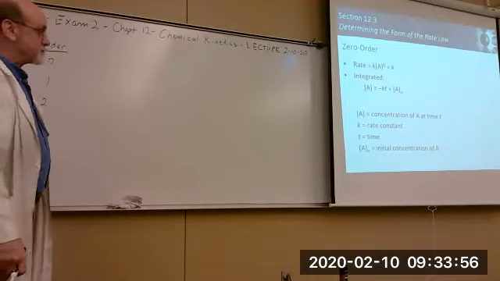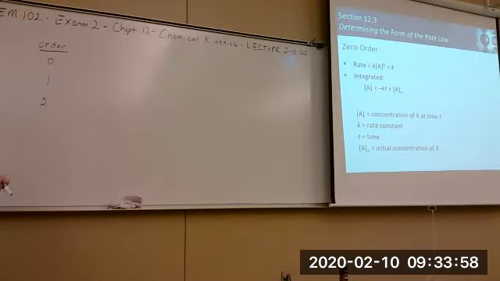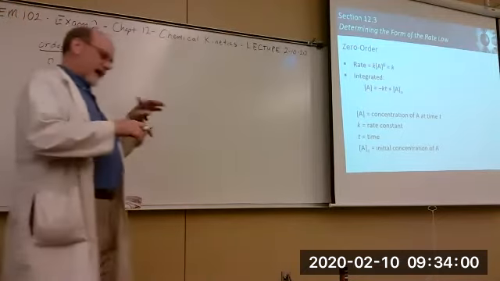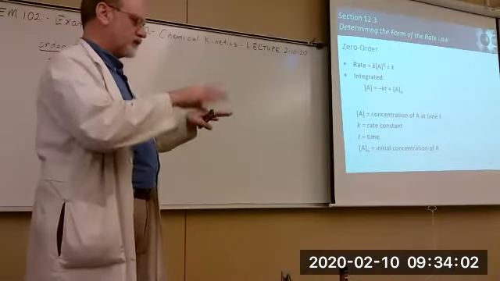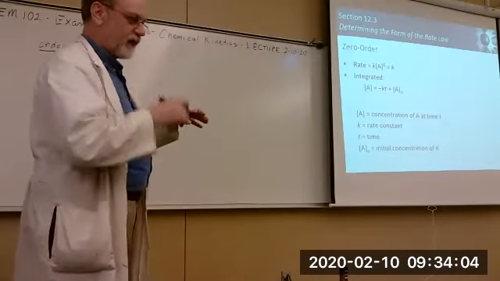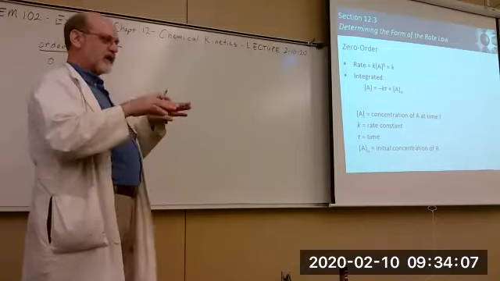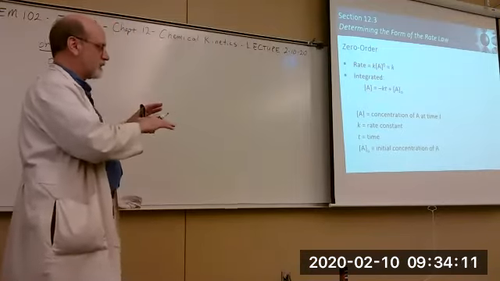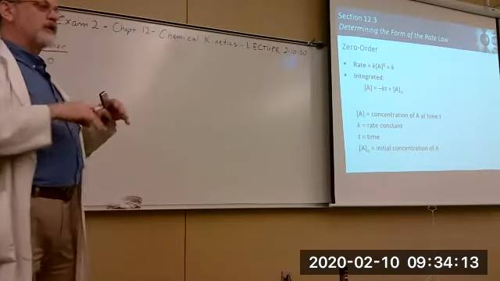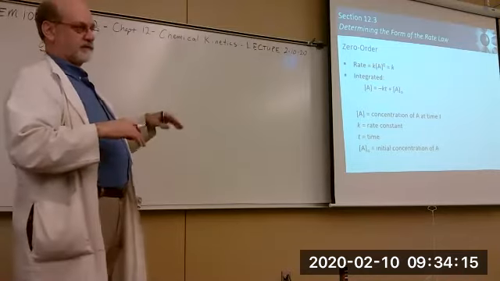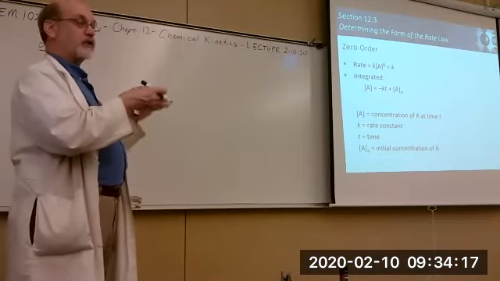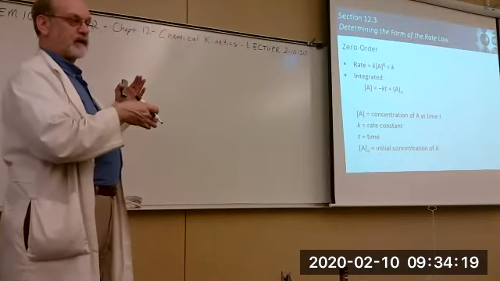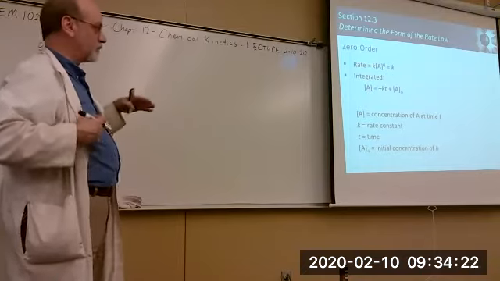Okay? So, now I know I mentioned earlier, here's where you could get confused. I mentioned earlier that we use the method of initial rates to tease out information. But we also use the entire data set that I showed earlier with the NO2, the data set over time.